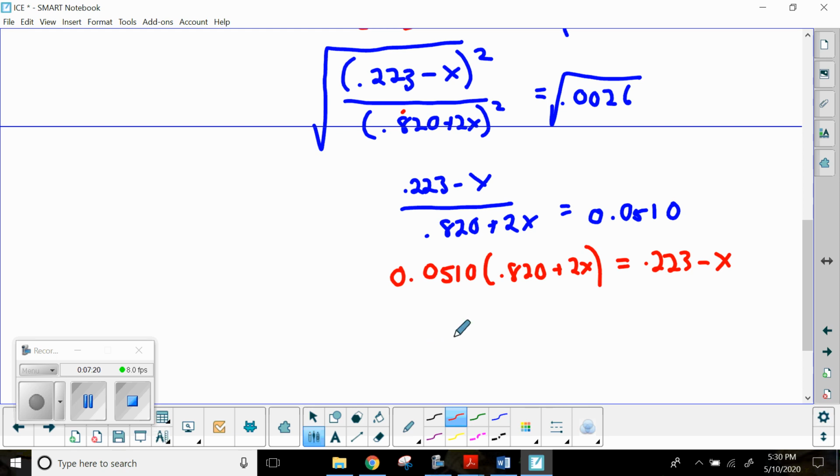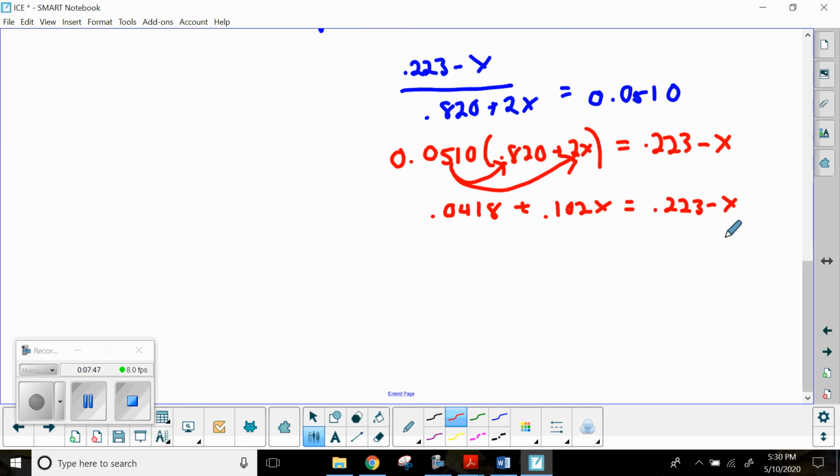So I'm going to distribute here. And when I distribute, I end up getting 0.0418 plus 0.102x equals 0.223 minus x.